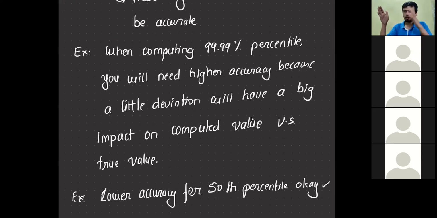Now, if you don't have this accurate, and the maximum value is 2,000, the second max value is, let's say, 10. If you have somehow made this less accurate, you would see the 99.99 percentile to be 10, which is not true. It actually has to be that massive value of 2,000.